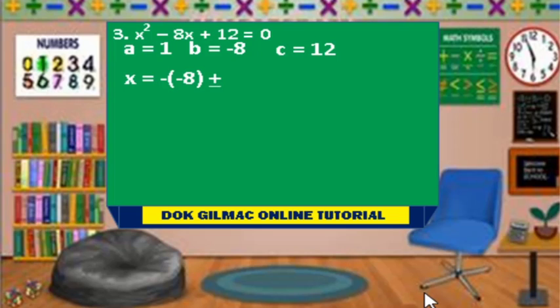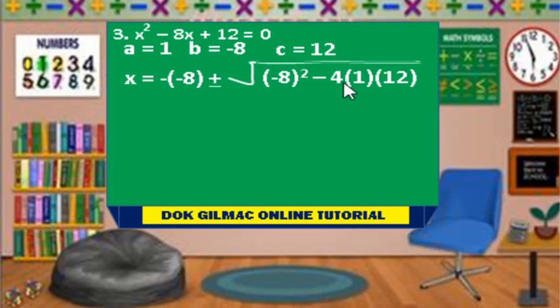Using the quadratic formula, we have x is equal to the negative of negative 8 plus and minus the square root of b squared, which is negative 8 quantity squared, minus 4ac, which is 4 times 1 times 12, all over 2 times a, or 2 times 1.